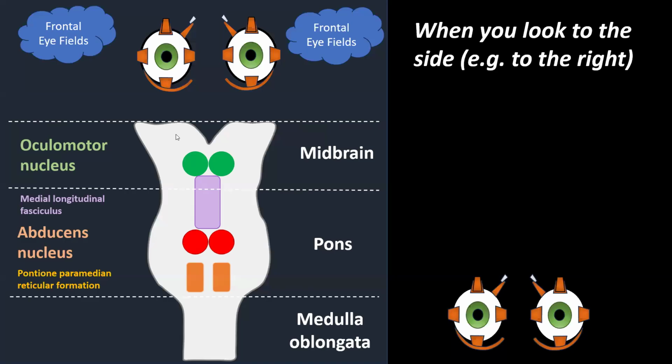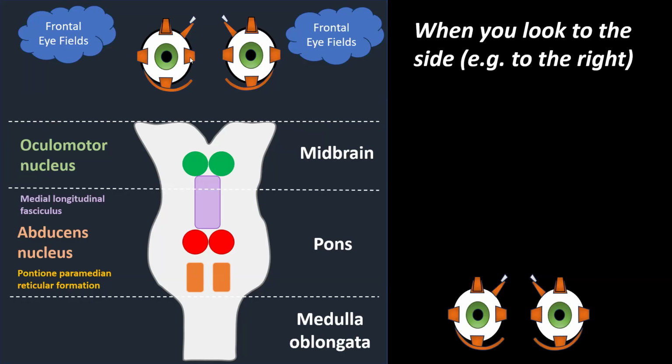Let me explain. Internuclear ophthalmoplegia, and I'm going to make it very easy. What happens if you look to the right? Okay, if you look to the right, both your eyes need to move to the right, but this involves different muscles. In the case of your right eye, you need to activate your lateral rectus muscle, which is innervated by the abducens nerve.